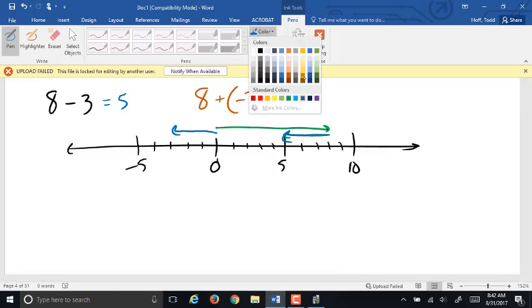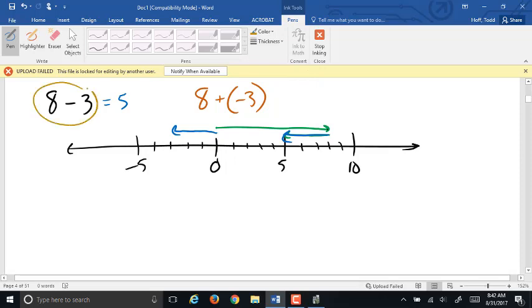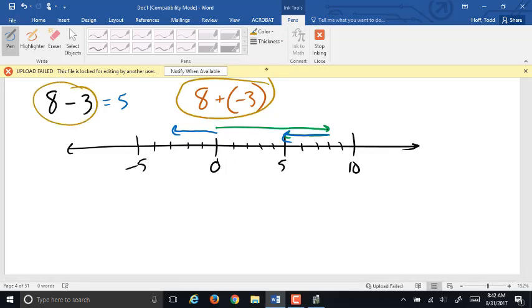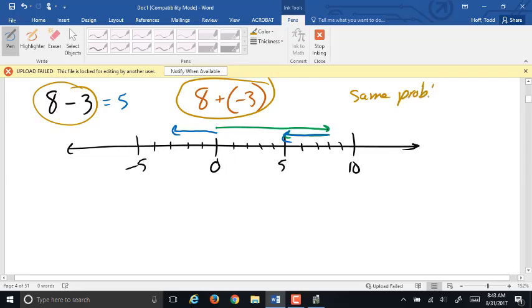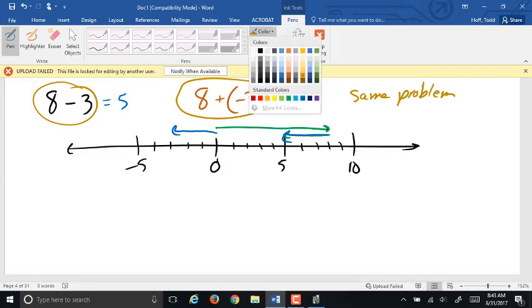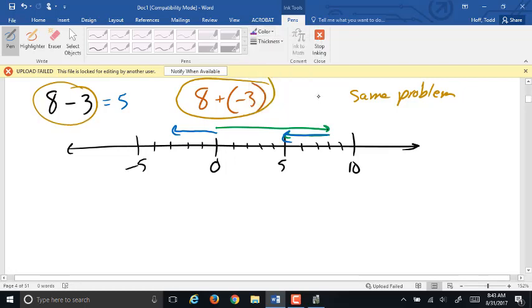The reason is these two problems, 8 minus 3 and 8 plus the negative 3, are the same problem. We've talked a little bit about how addition and subtraction are really the same operation, and we even looked a little bit at subtraction being treated as the reverse of addition.